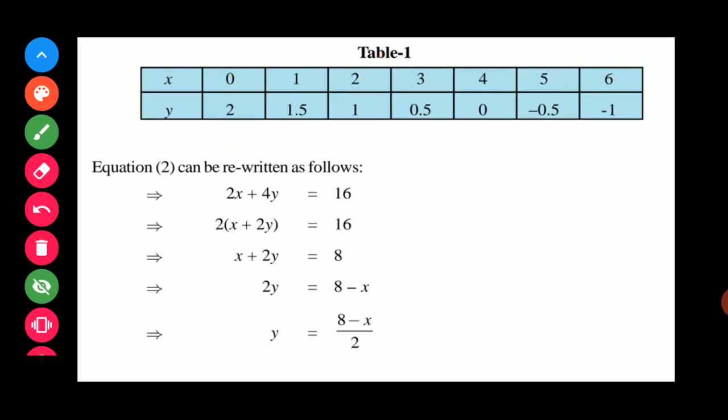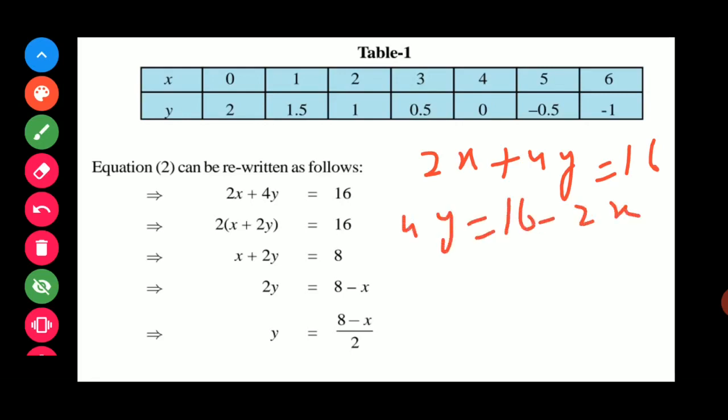For the second equation, it is 2x plus 4y is equal to 16. So we get 4y is equal to 16 minus 2x. So y is equal to (16 minus 2x) divided by 4.